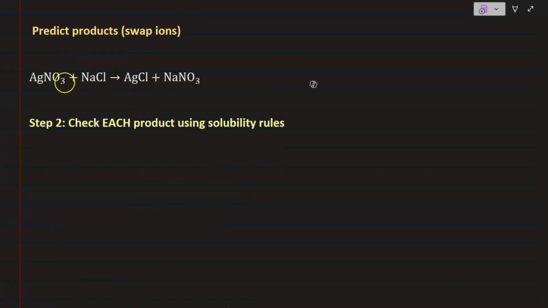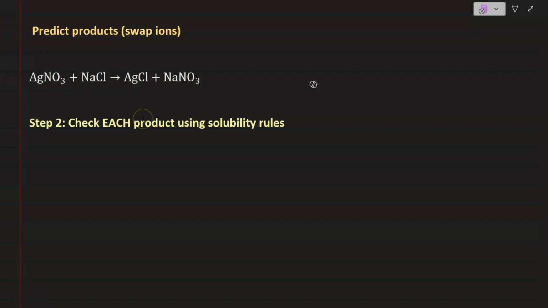So here is the reaction. We want to predict what it is that we get. So obviously you can swap the two ions, the silver and sodium, they swap, and then they get AgCl plus the sodium nitrate. Now we want to know which one is aqueous, which one is solid.